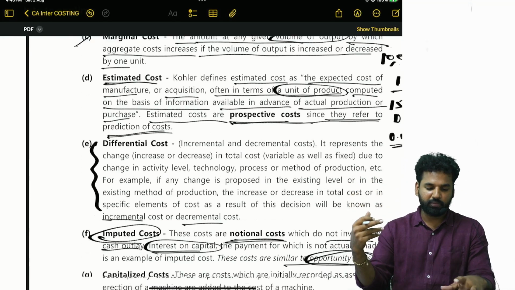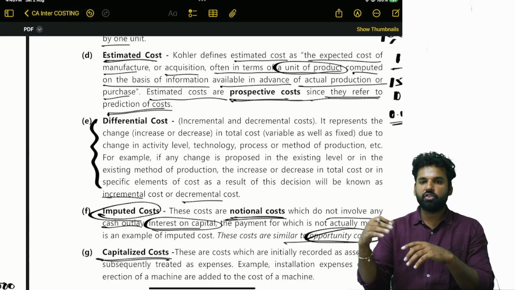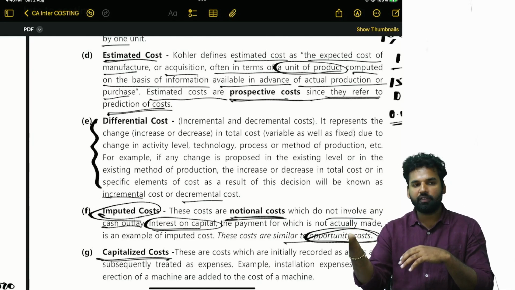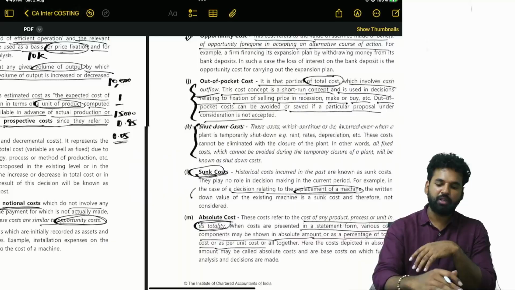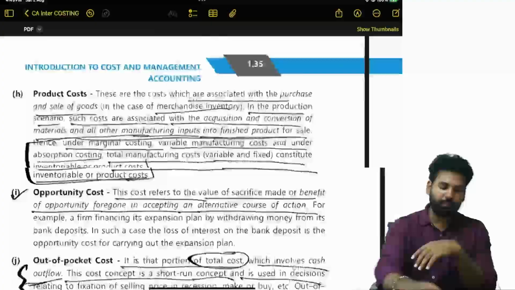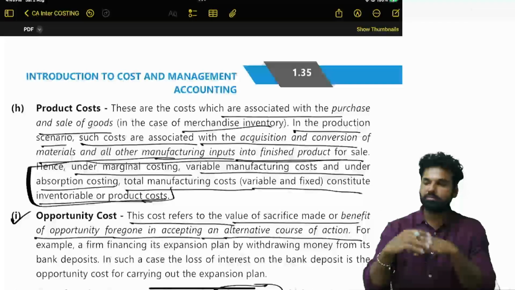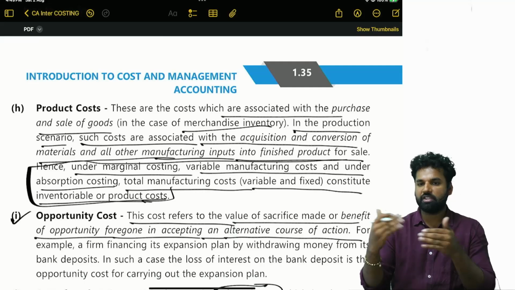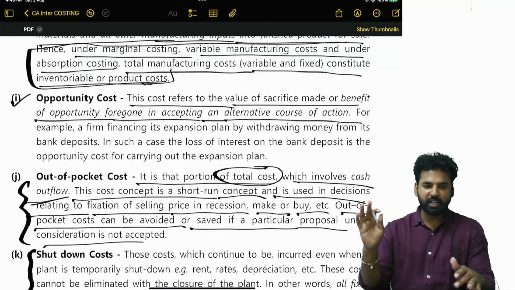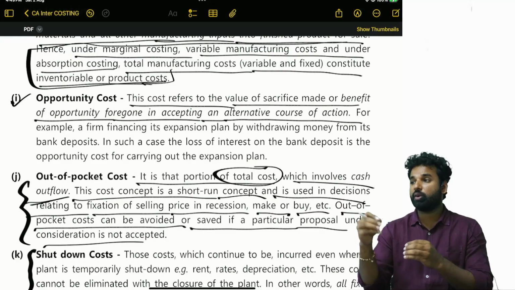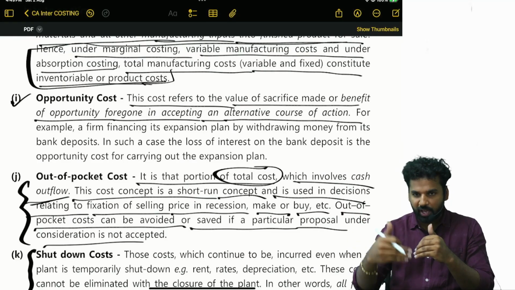Imputed cost is a notional cost, which has no outflow, but is like opportunity cost. Capitalized cost means capital cost. Product cost, in trading, relates to purchases and sales. Opportunity cost means the sacrifice or the benefit which we are losing by taking this action.